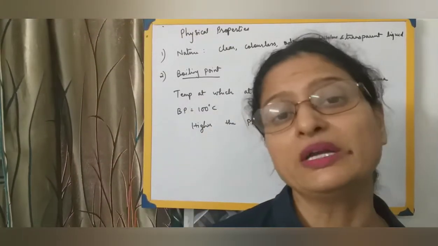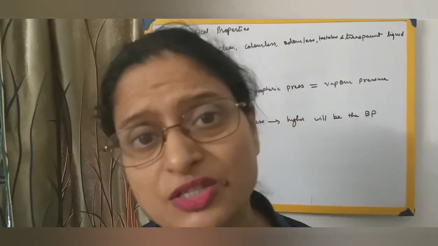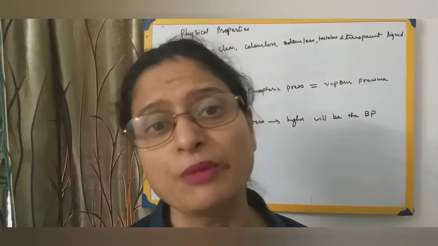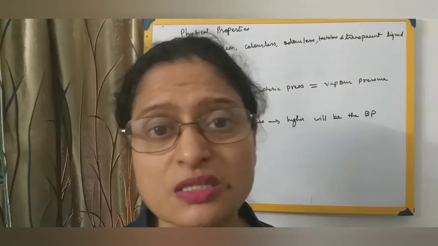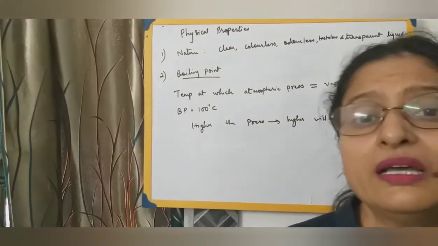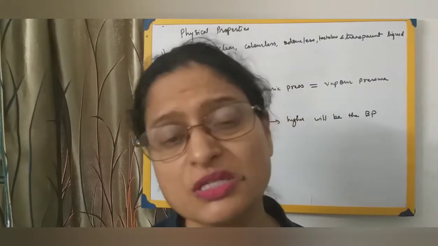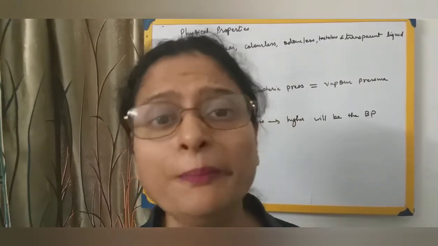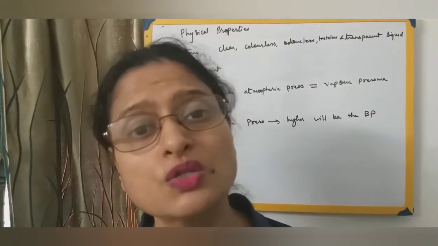It is due to this reason that when you go to higher altitudes, in mountainous regions like Mount Everest, where the temperature is very low, we find that the pressure is very low. Because of the decrease in pressure, the boiling point of water also decreases.